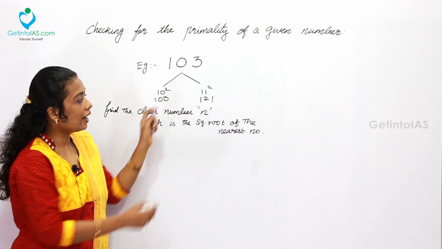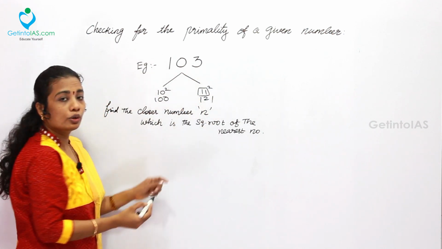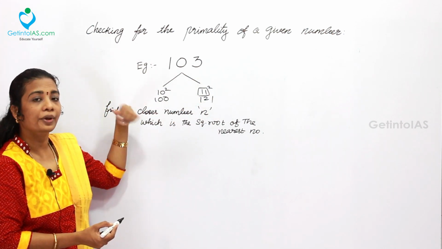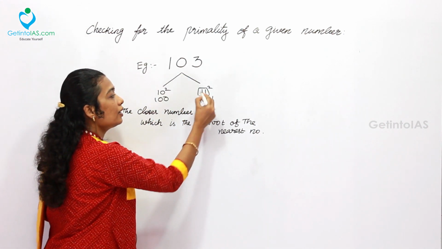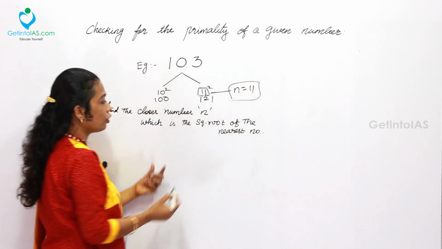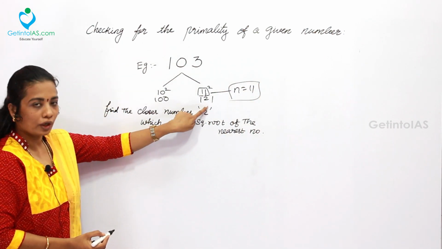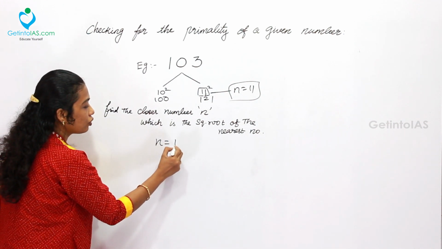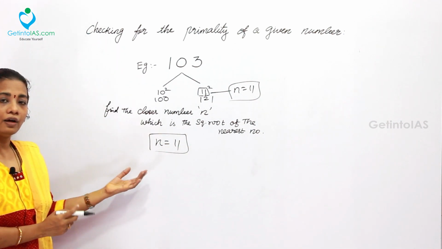So always n is the highest number. Don't take 10 because it is below the range. In this case we want to take the highest number. So here 11 is given, so then n is 11. So for this concept, the closer number is 121 and the square root of the closer number is 11. So in this case, n is 11 I have taken.